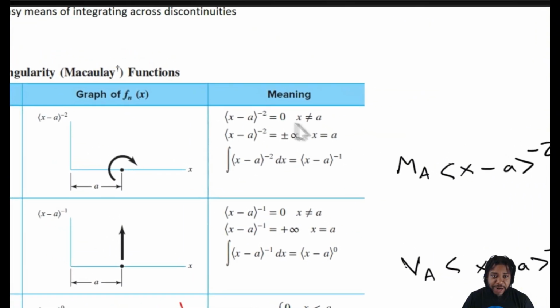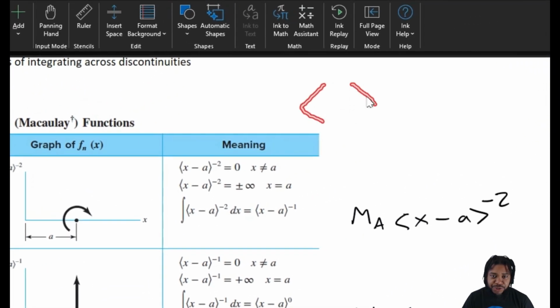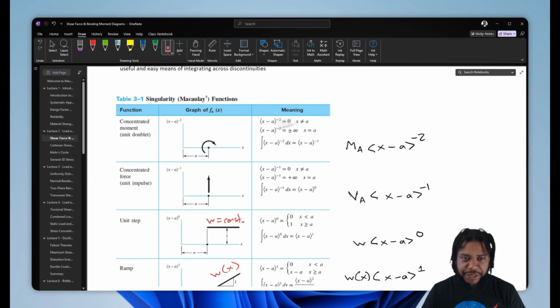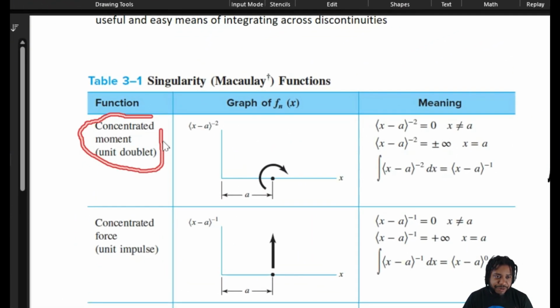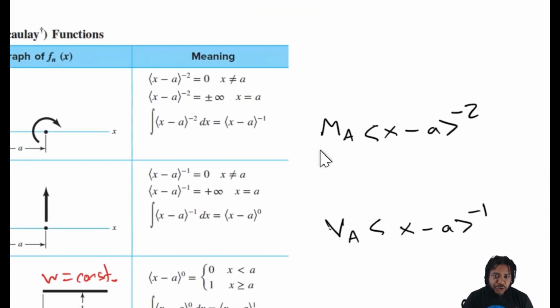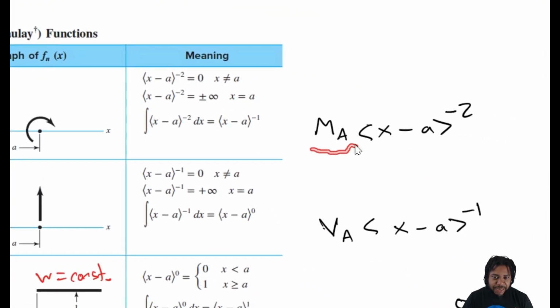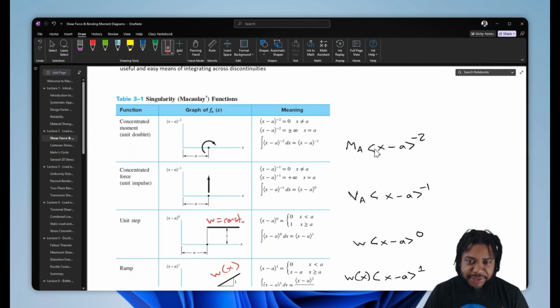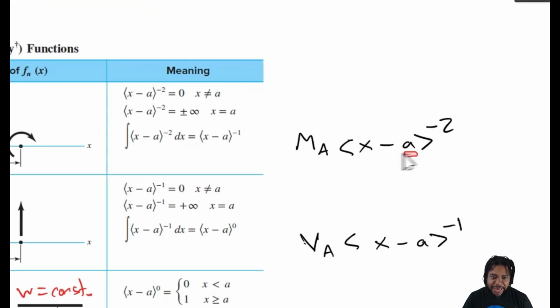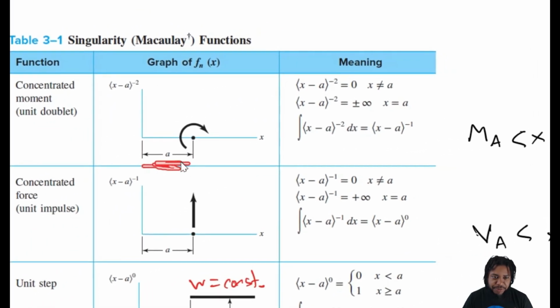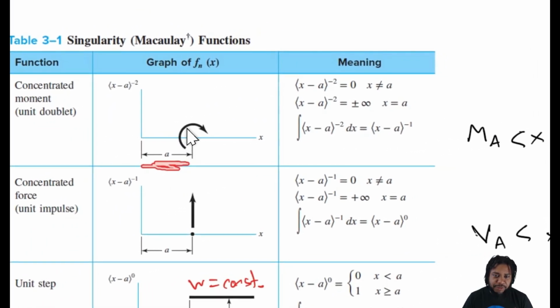Let's note that the brackets that we use, that is kind of the heart of this. But the power that we put on the brackets depends on the type of loading that is applied. So for example, if we have a concentrated moment, then we'll put the value of that moment outside of the brackets. And then for concentrated moments, we're going to have brackets of x minus a, where a is the position along the beam where that moment is applied.